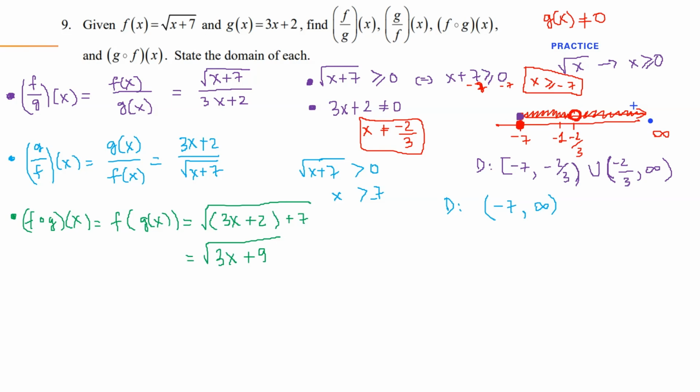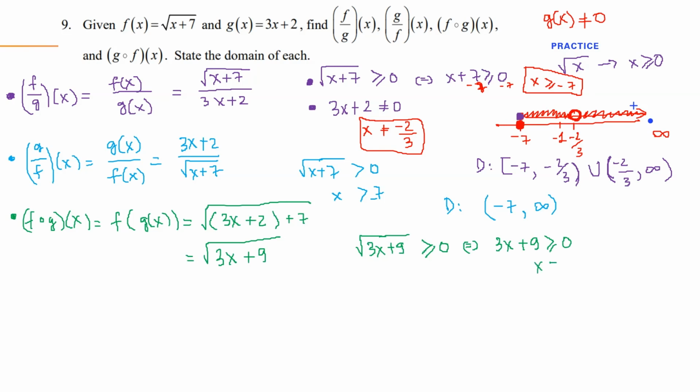With the square root, we need it greater than or equal to 0. Now we square both sides, and we have 3x plus 9 greater than or equal to 0.